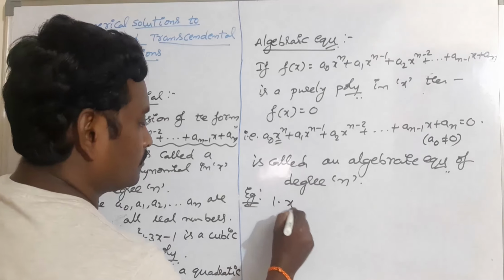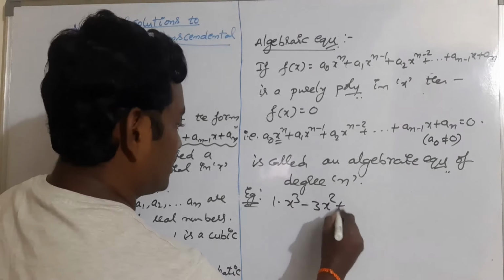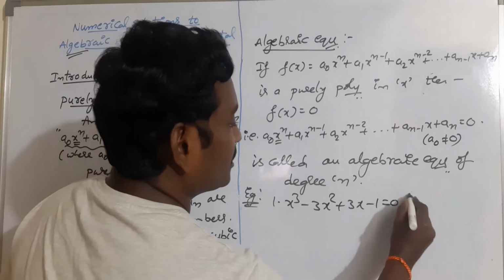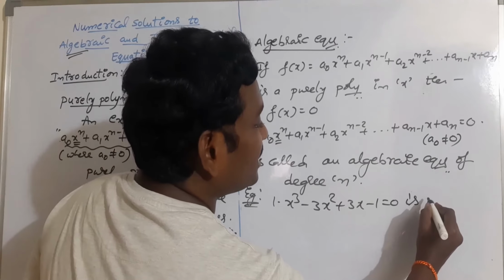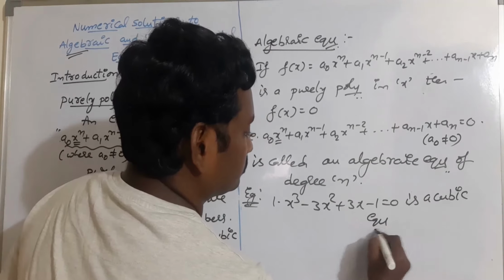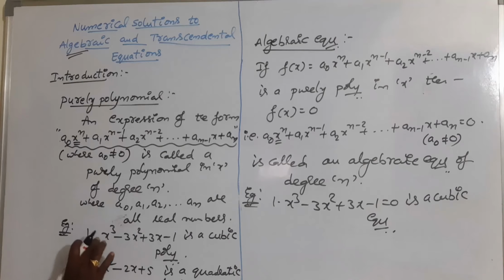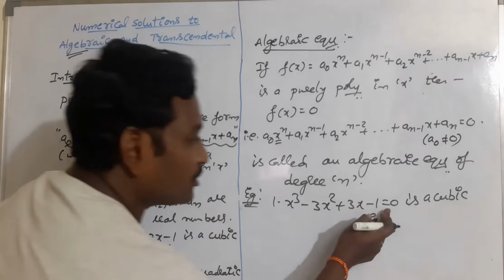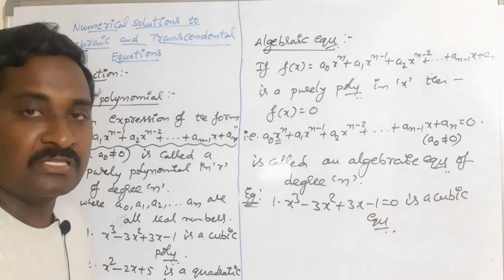x cube minus 3x square plus 3x minus 1 is equal to 0 is a third degree equation, otherwise it is a cubic equation. Okay, a polynomial expression equal to 0 is called an algebraic equation. Simple.